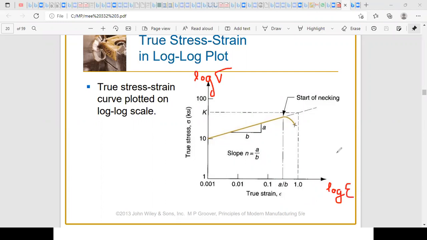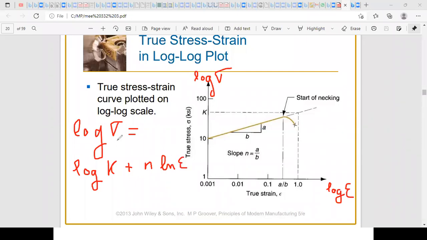So what you can do is say the equation, as we said, is log of sigma equal to log of K plus n times log of epsilon.